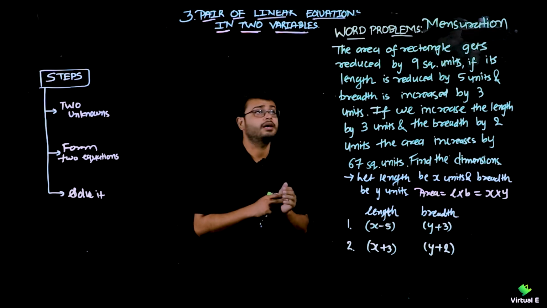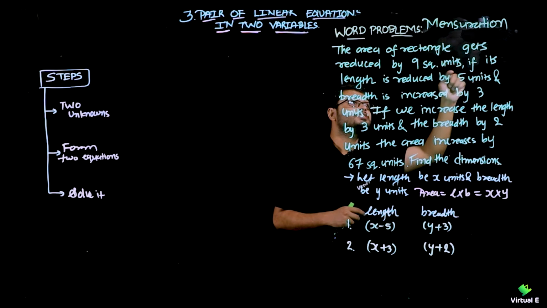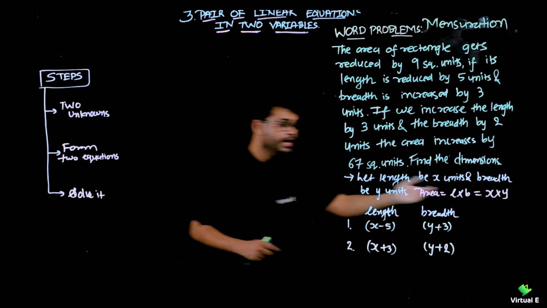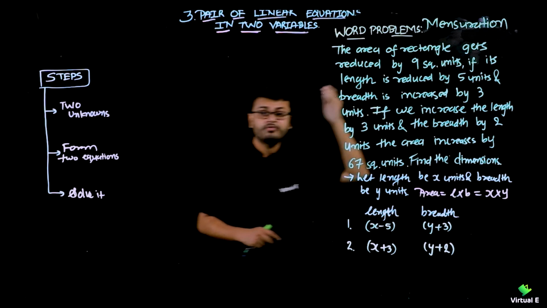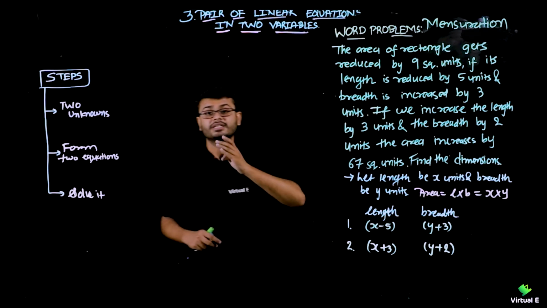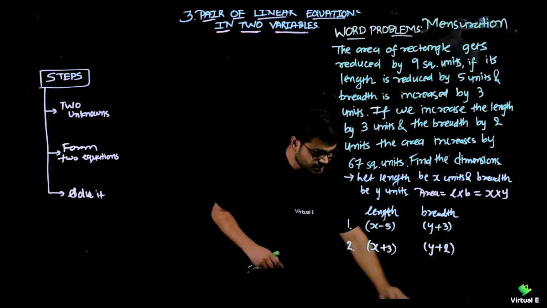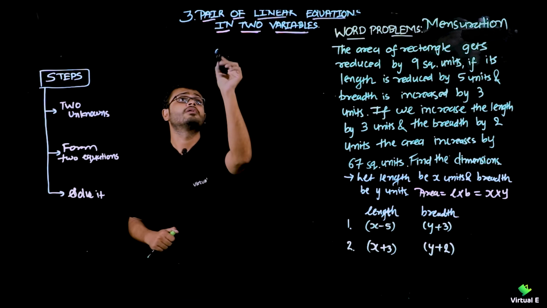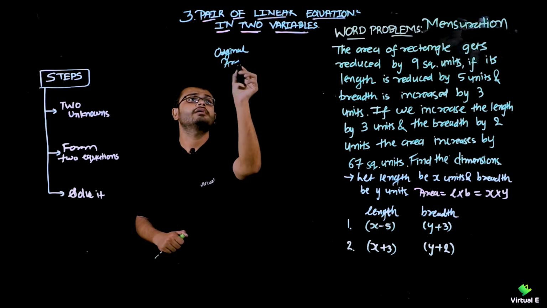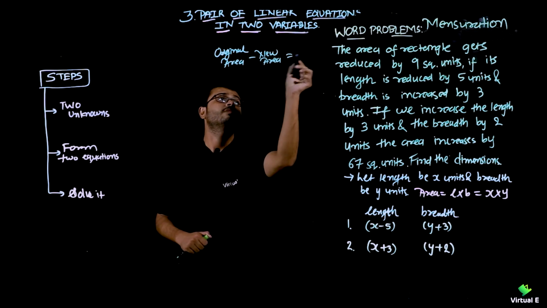What is the change in area? The area of the rectangle gets reduced by 9 square units. So whatever was the initial area, it will get reduced by how much? 9. That means original area minus new area will be what? 9 square units. So I can write here as an equation: original area minus new area will be 9.